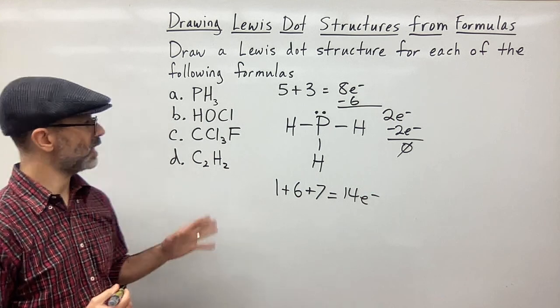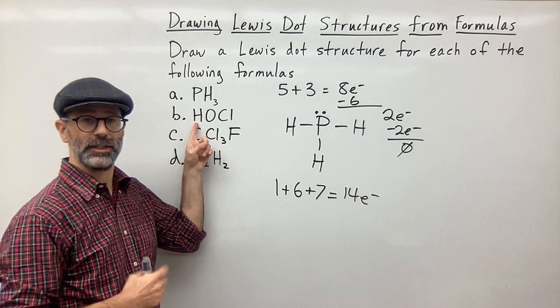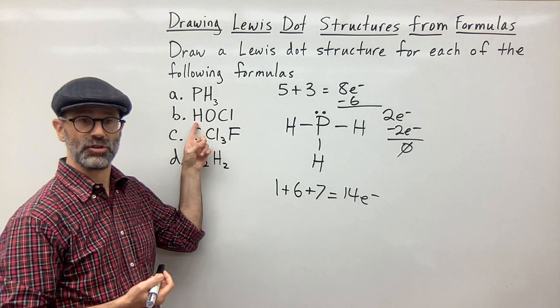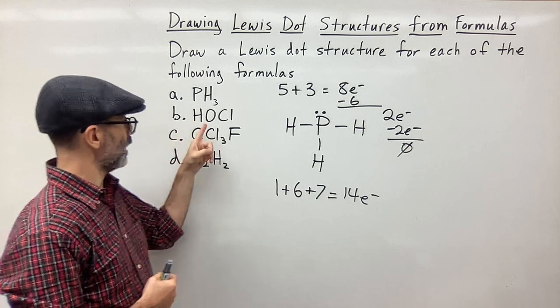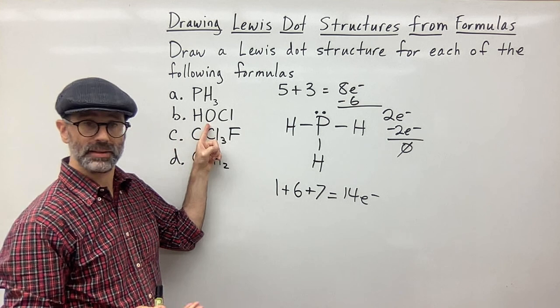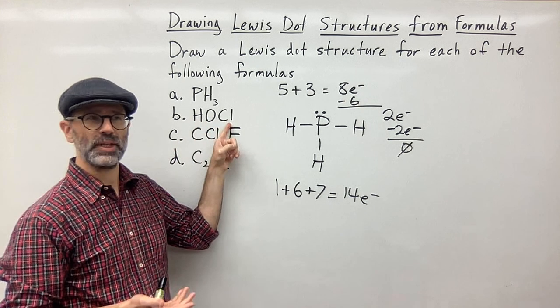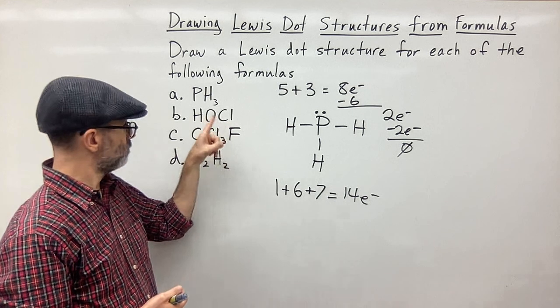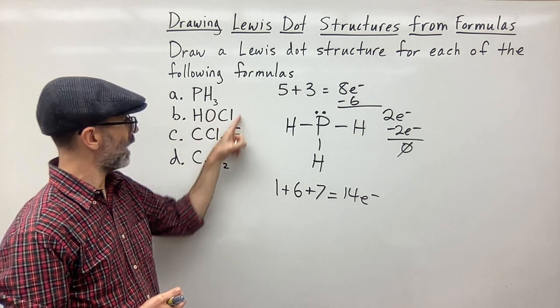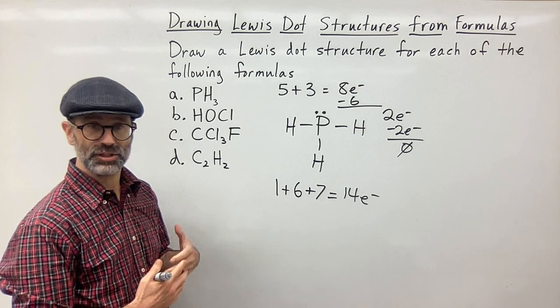Okay, that's step 1. Step 2, central atom. So here, again, hydrogen is not going to be the central atom because it likes to only bond once. Oxygen likes to bond twice, so it would bond to these two. And chlorine only really likes to bond once. So in this case, halogens tend to be your outside atoms, not your central atom.